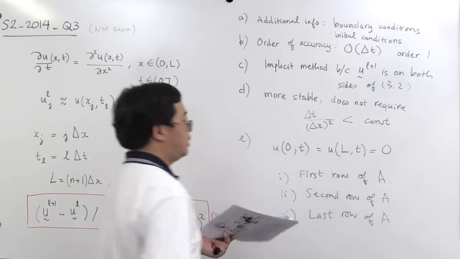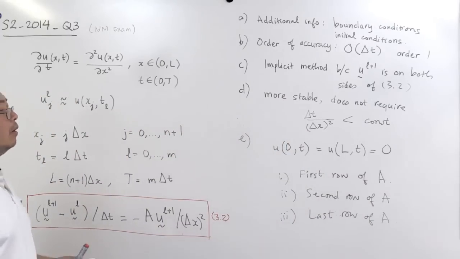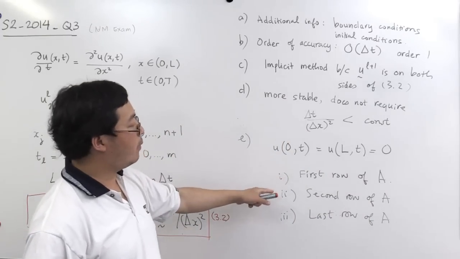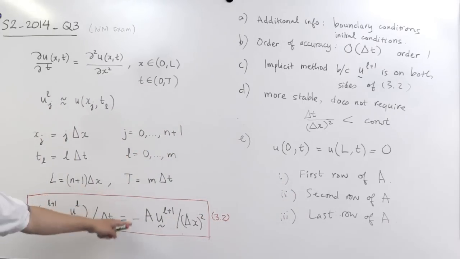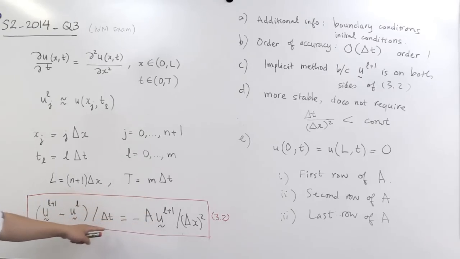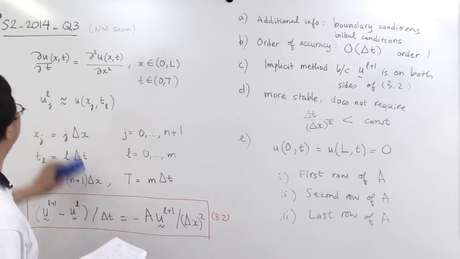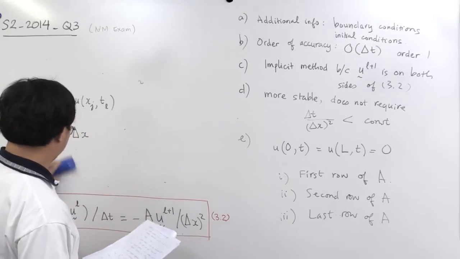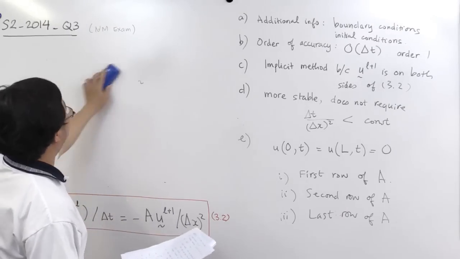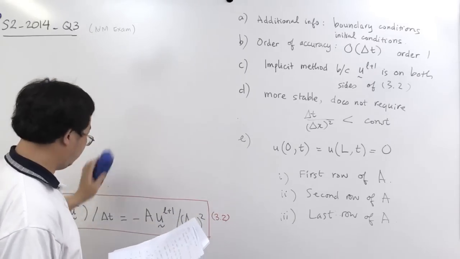So this question is a bit tricky. So before we can say what is the first row of A, what is the second row of A, what is the last row of A, we have to look at this equation, okay, more closely. And now, if I can erase the bit here, we just look at 3.2 once again.